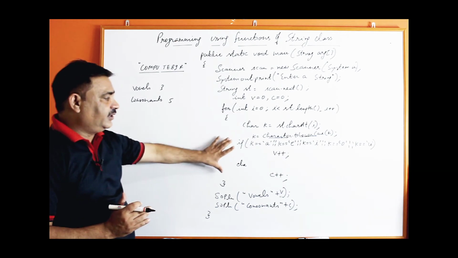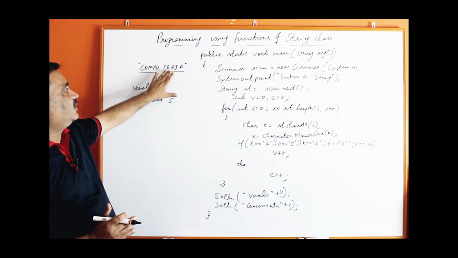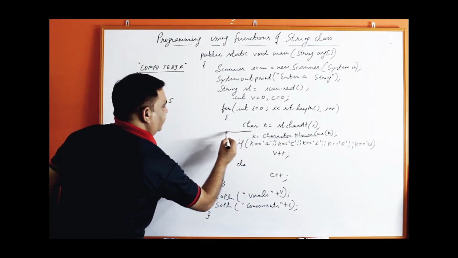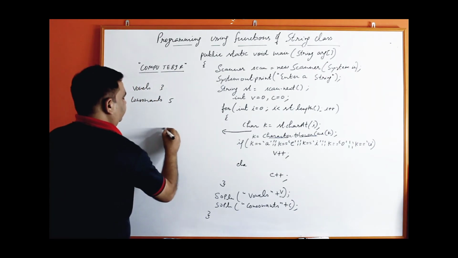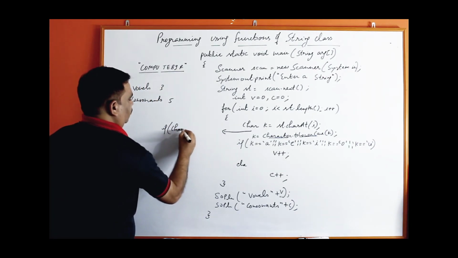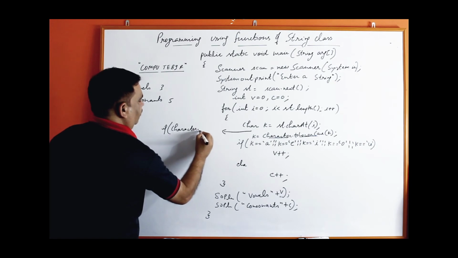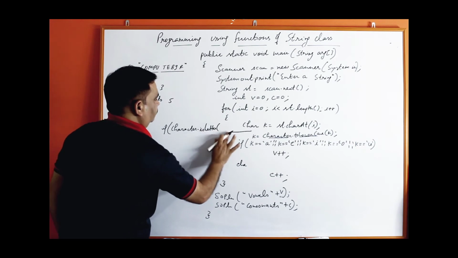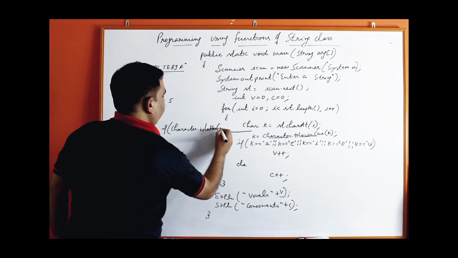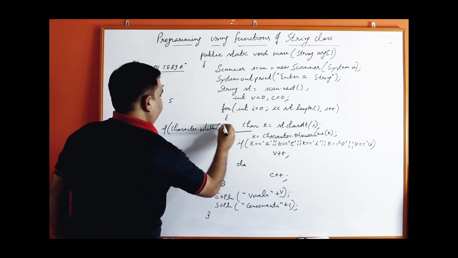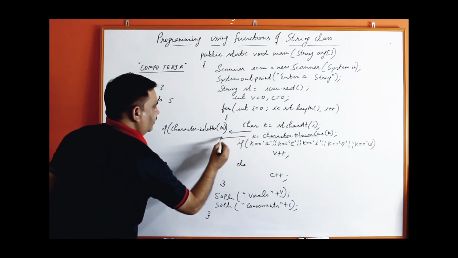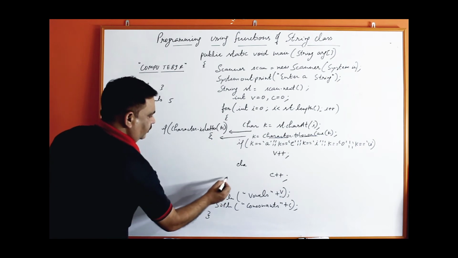So in this case, what you have to do? You have to ignore these characters, spaces and digits. How can you ignore? Here, after extracting the character, you can apply one condition. If character dot isLetter function, you can pass k, and from here apply the bracket up to here before this bracket.